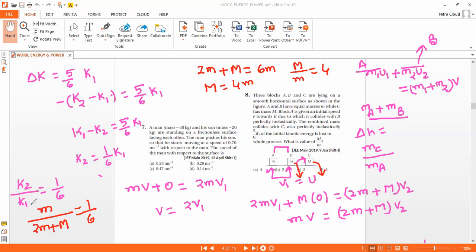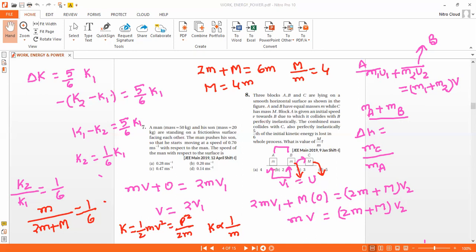Since kinetic energy equal to half mv square, I can write that as p square by 2m, as momentum is conserved. So kinetic energy is inversely proportional to mass, because here the mass is less now. When kinetic energy is inversely proportional to mass, then only kinetic energy will be lost.